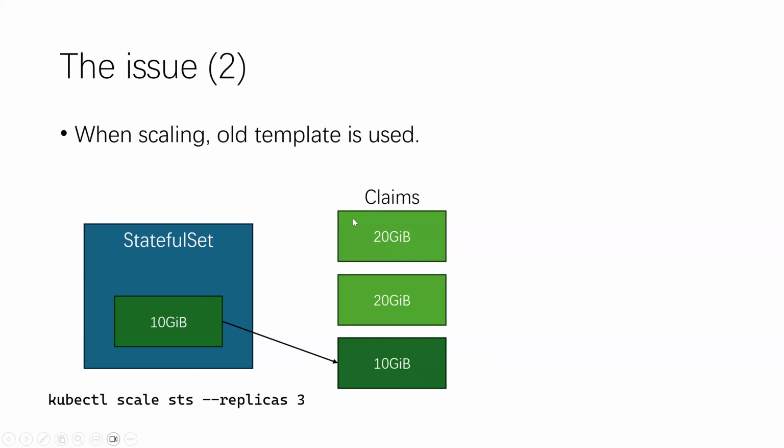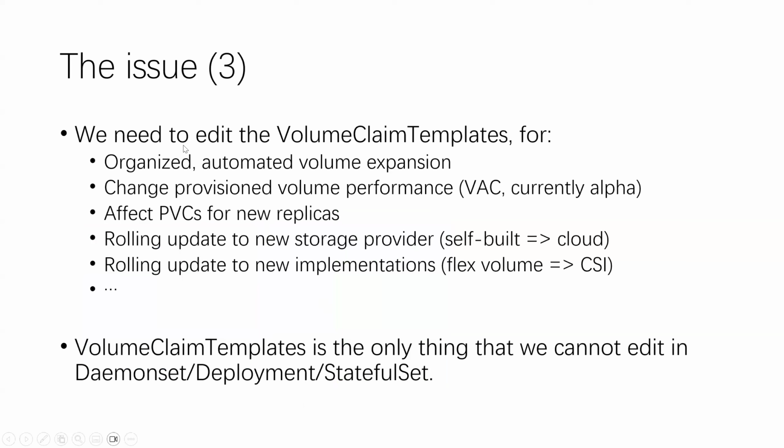This is obviously not desired. Because we have run our set for some period of time and have more data to store, we cannot create a larger volume, but we have to scale these claims again. This is not desired.